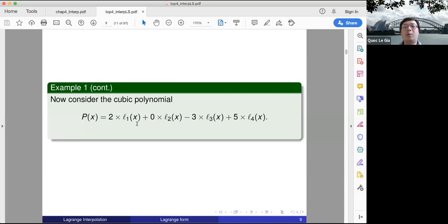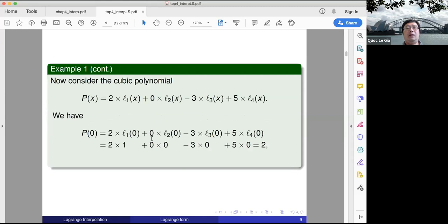You plug in the points, then you can see that it satisfies the interpolation property. So you don't have to solve a linear system. You can solve the linear system, but it takes longer. Suppose you have n points, an n by n linear system, then it will definitely take longer. So this is how you verify it.